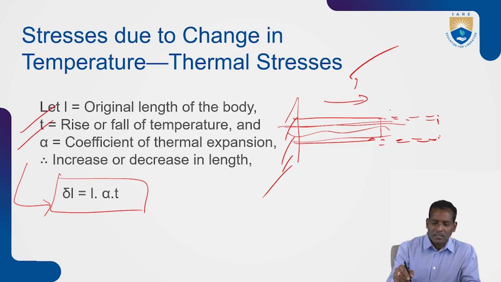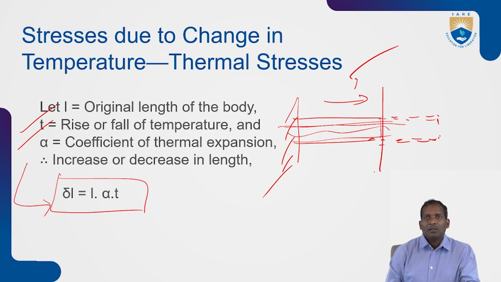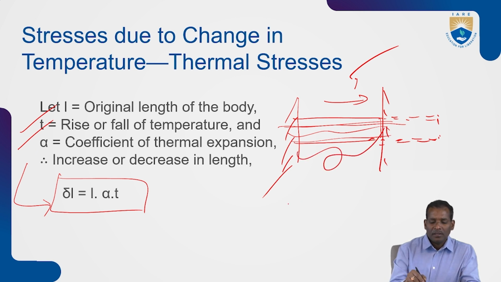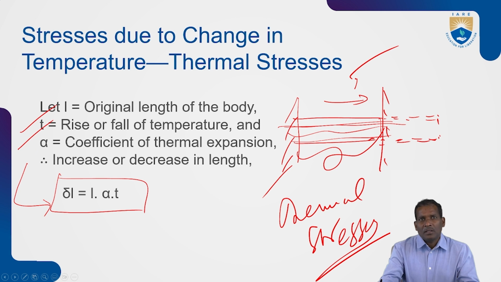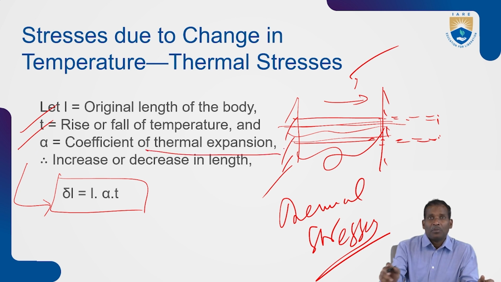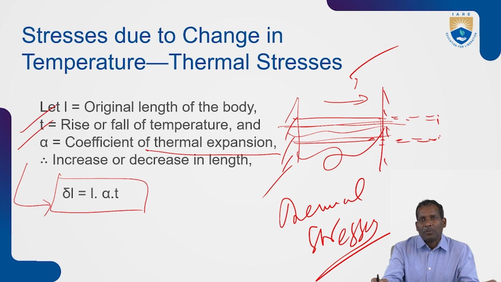Whenever you prevent this expansion or contraction, then thermal stresses will be developed inside the body. Clear? So how do we calculate? With the help of the coefficient of thermal expansion. The thermal expansion depends upon the material's thermal conductivity, which comes under thermal properties.